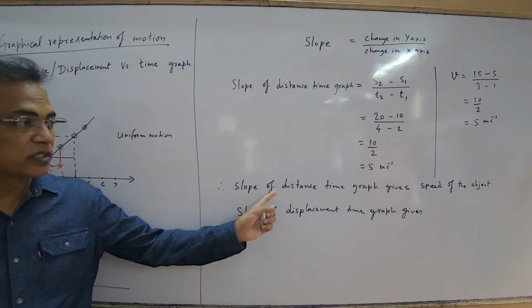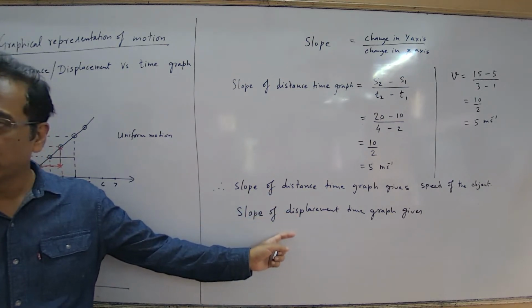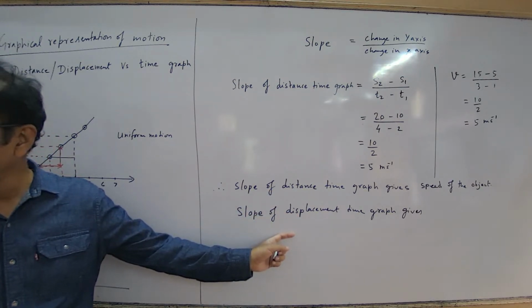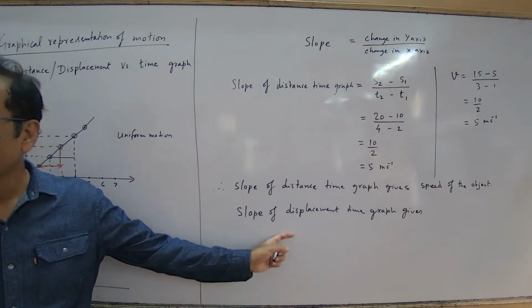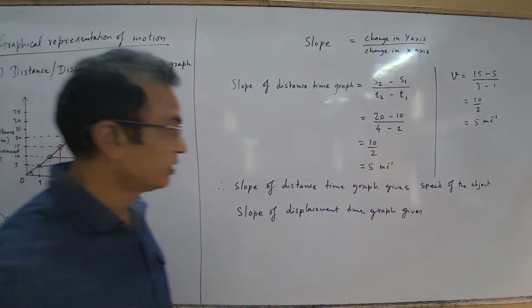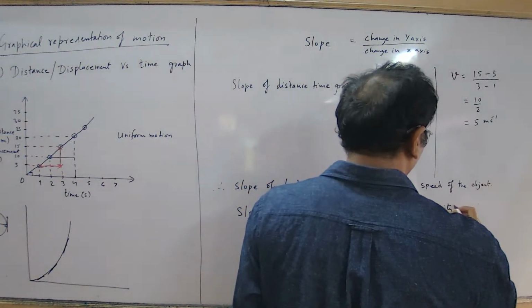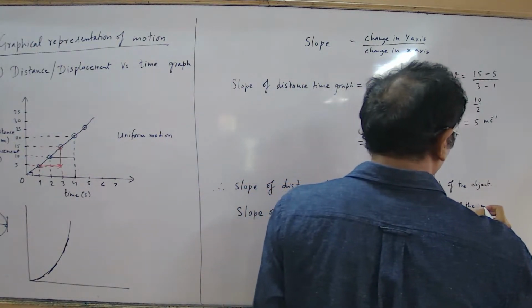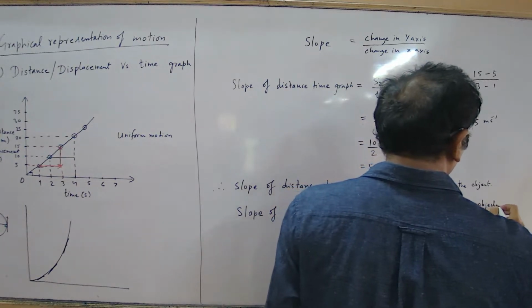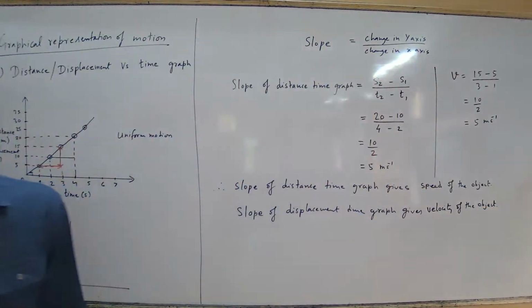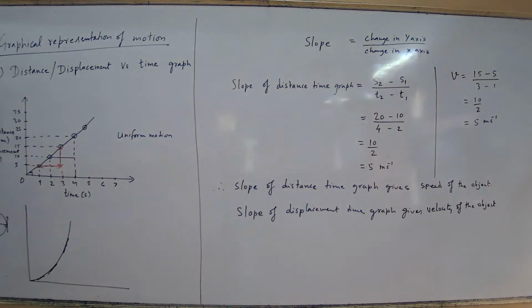If the slope of the distance time graph gives you speed, the slope of the displacement time graph will be the rate of change of displacement, which is velocity. Very good. Got it? So, if you want, you can write this, or else I'll go to the next one.